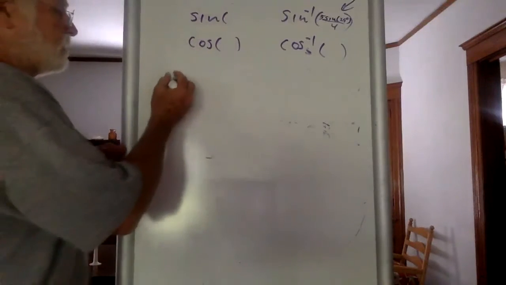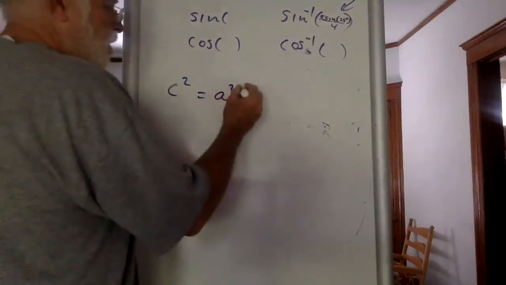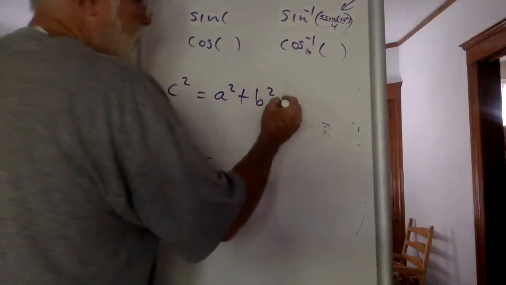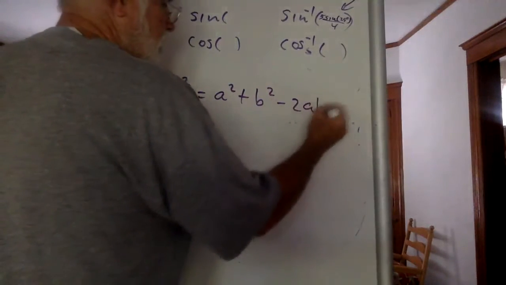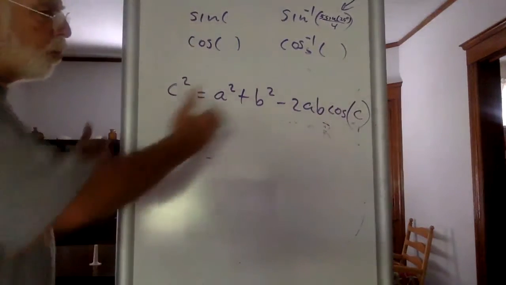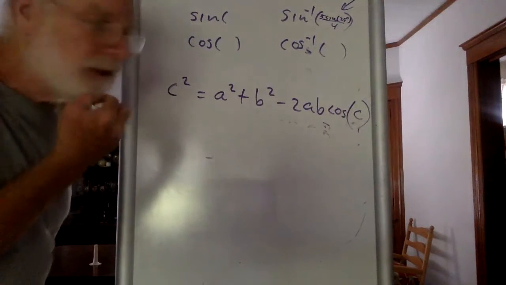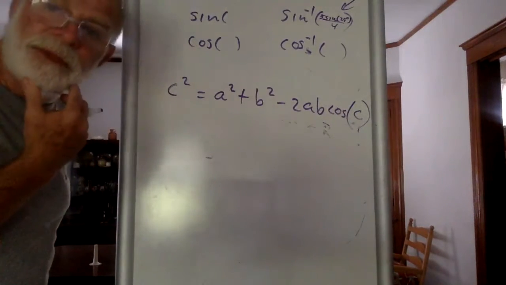Speaking of Pythagoras, let's look at c squared. That's little c squared equals a squared plus b squared minus 2ab cosine big C. This is what we're going to be working with. It looks a little bit like the Pythagorean theorem, doesn't it? Well, in fact, that's where the Pythagorean theorem came from.